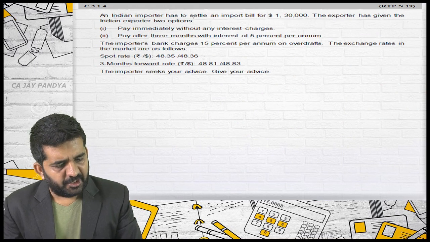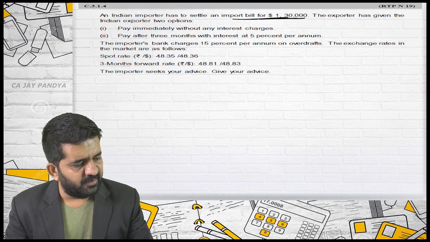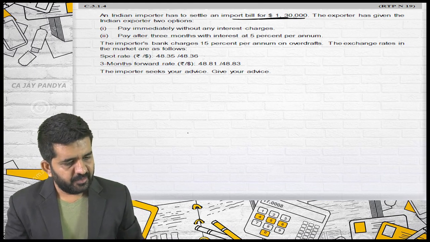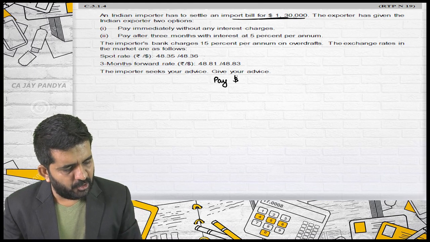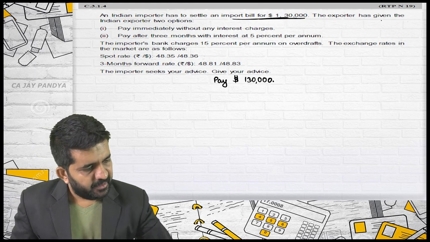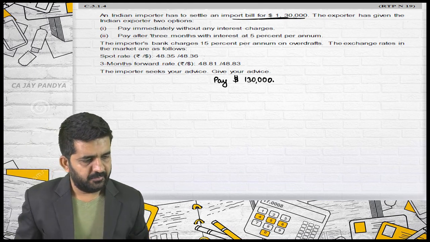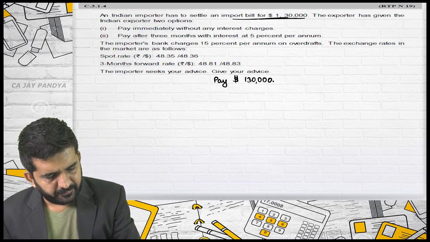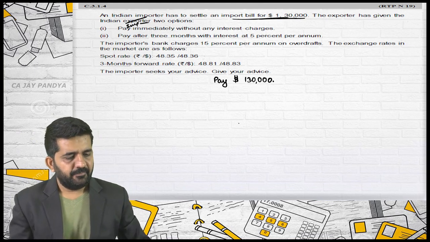An Indian importer has to settle an import bill for $1,30,000. The exporter has given the Indian importer two options.